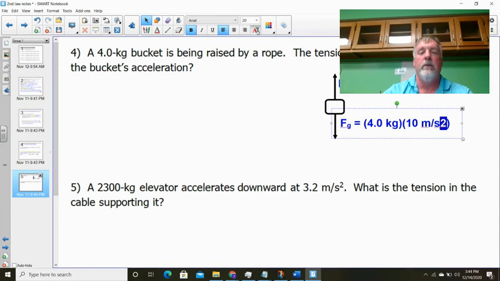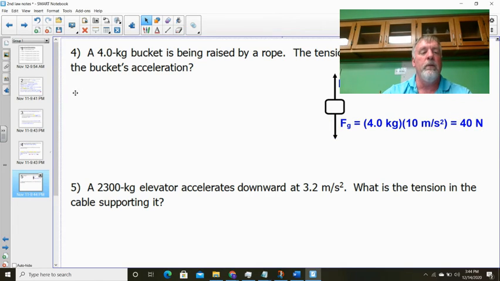And what's that going to give us? That's going to give us a magnitude of force of 40 newtons. That force is down, the direction of our arrow. So we go over here to enter in our forces to do our calculation.